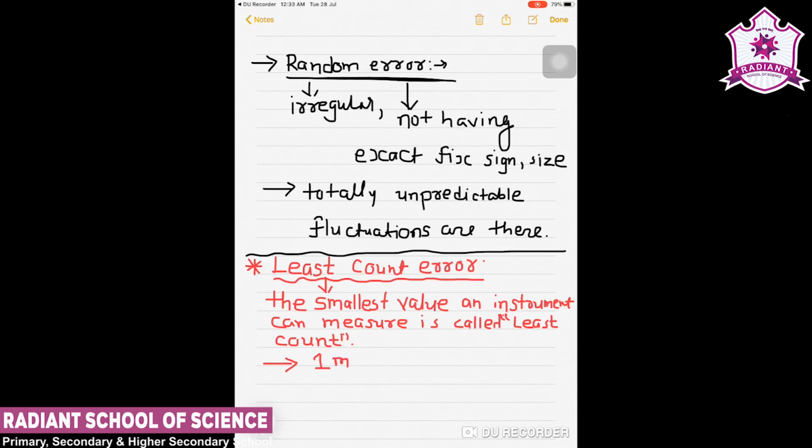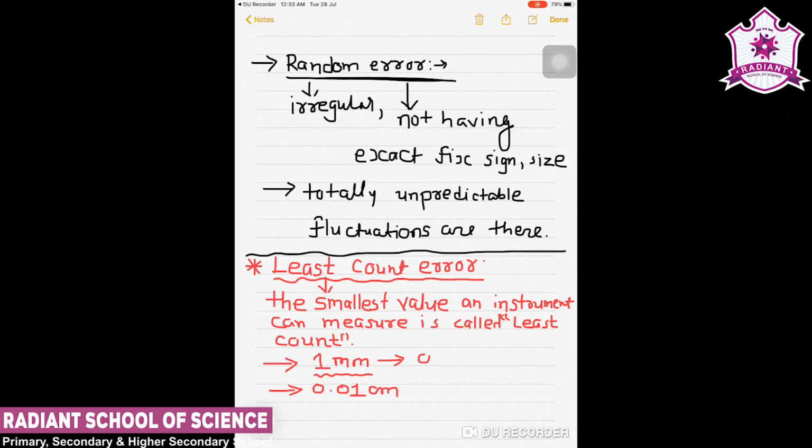So a normal scale, as we use in routine day-to-day use, has a least count of 1 millimeter, while a vernier caliper has a least count of 0.01 centimeter.